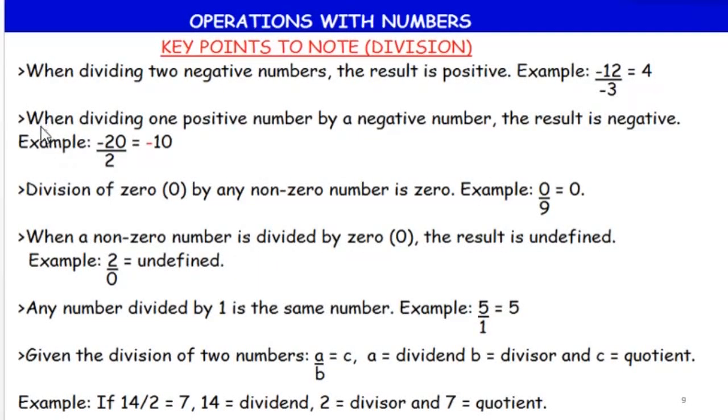Alright, let's move on. When dividing a positive number by a negative number, the result is negative. So negative 20 over positive 2 is equal to negative 10. So once one of the numbers is negative, the result is going to be negative.